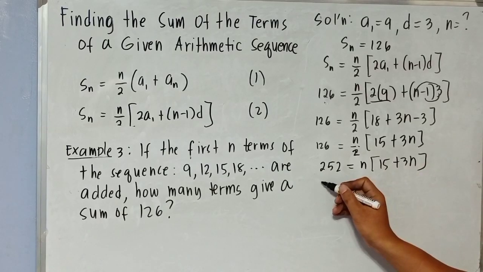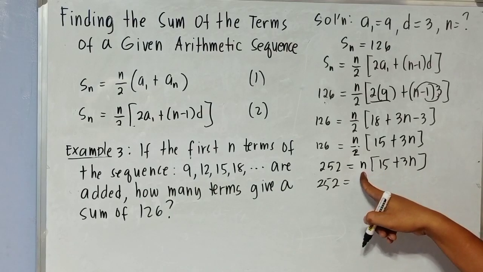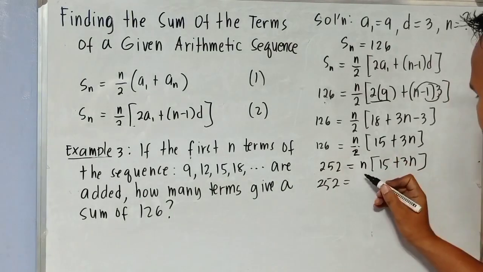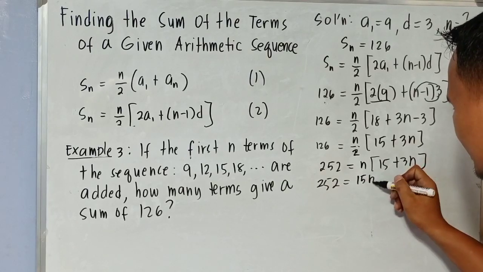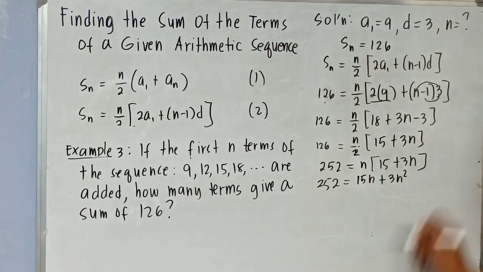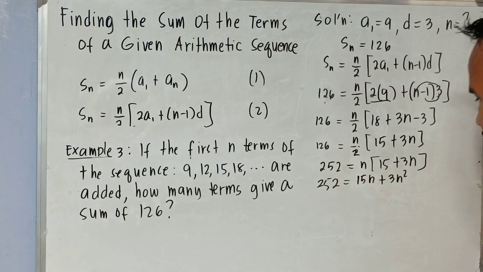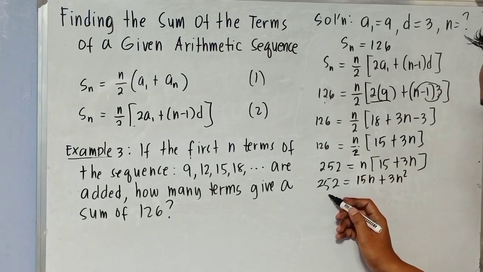Cross multiply, so you get n times the quantity 15 plus 3n. Okay? Then 252 equals, distributing n, 15n plus 3n squared. This is a quadratic equation.